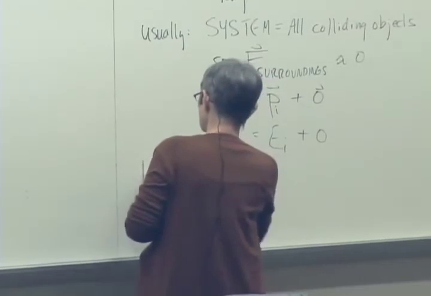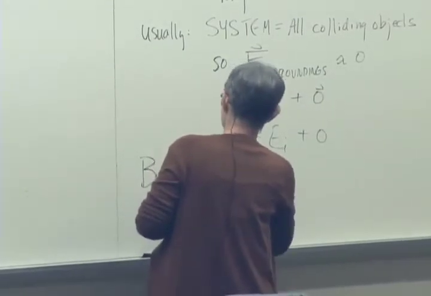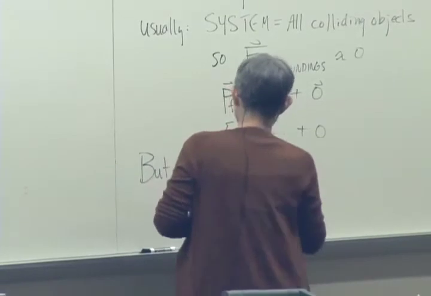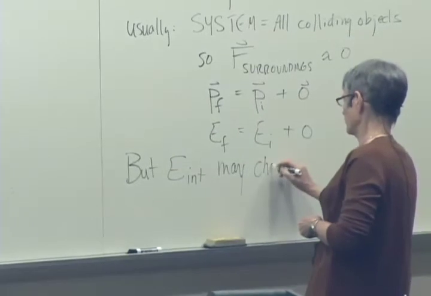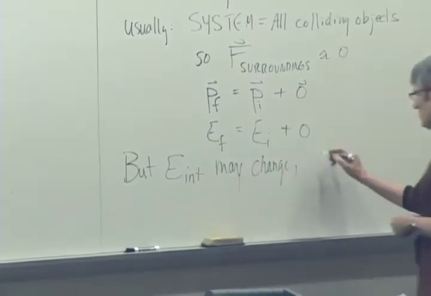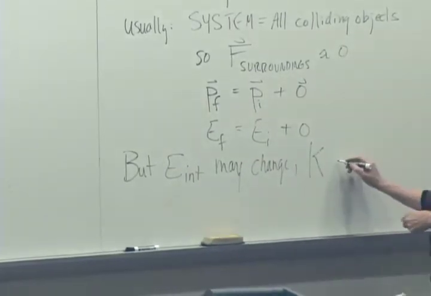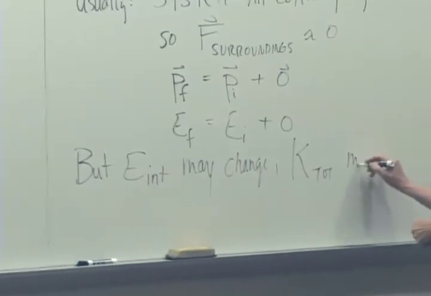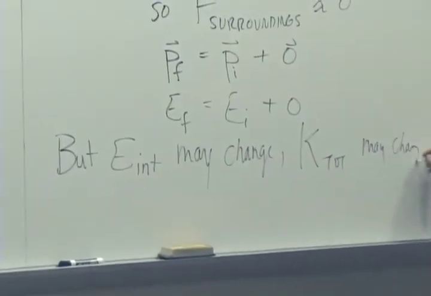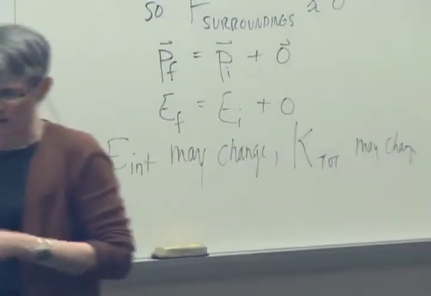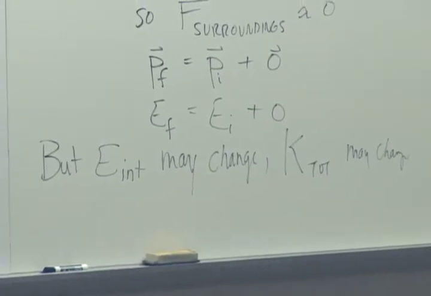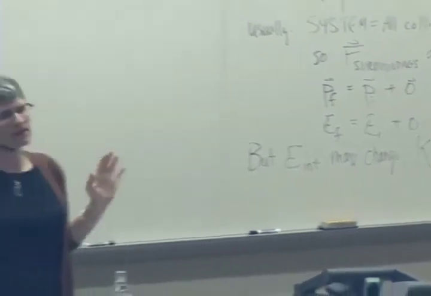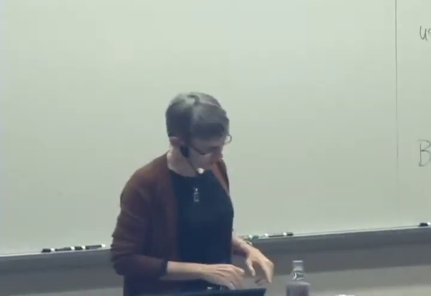And it's not always the case that change in internal energy is 0. And that means the total kinetic energy may also change. So we have to actually think about the physics in order to decide whether kinetic energy is flowing into internal energy. We need to actually think about the process and think about the situation.